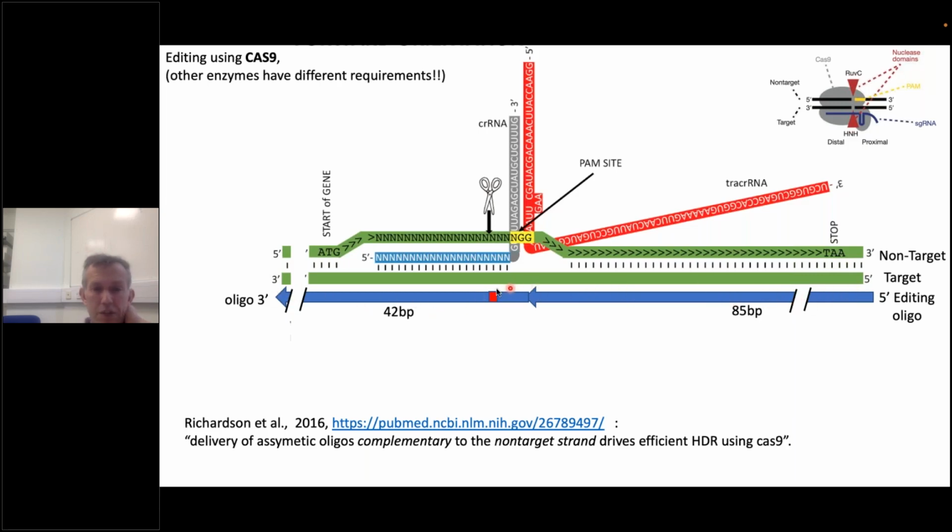If we say that we want to make the edit over here, then there should be 42 base pairs on this side, and there should be 85 base pairs on that side. And this is the paper that basically says these oligos are the most efficient. And this is only for Cas9. If you use another enzyme, you need to design your oligos in a different way.